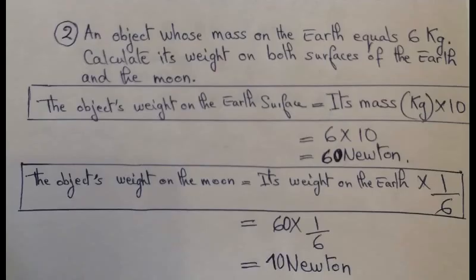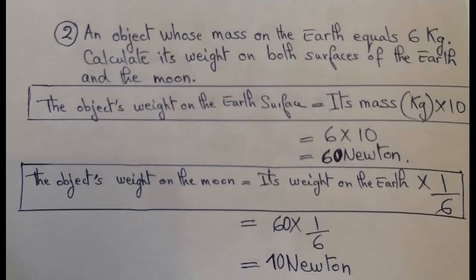Problem number 2. An object whose mass on the earth equals 6 kilogram. Calculate its weight on both surface of the earth and the moon. هو مديني هنا كتلة جسم تساوي 6 كيلوغرام، وطالب مني حاجتين: أجيب وزن هذا الجسم على سطح الأرض، وبعدين أجيب وزنه على سطح القمر. طيب الأول وزنه على سطح الأرض.